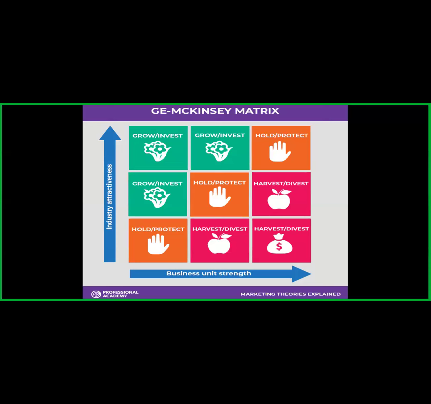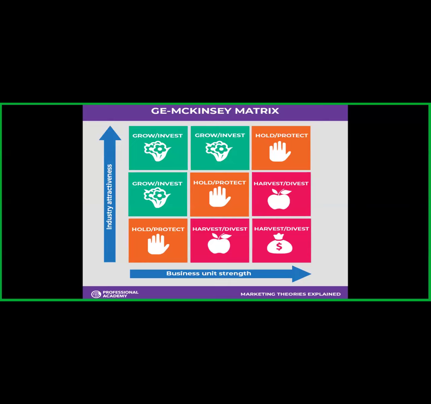The factors include market share, brand equity, and profit margin. Now in the grow and invest segment, for more growth we need to do investment also. If we keep on growing and investing, then we will be able to capture a good share of a particular market.